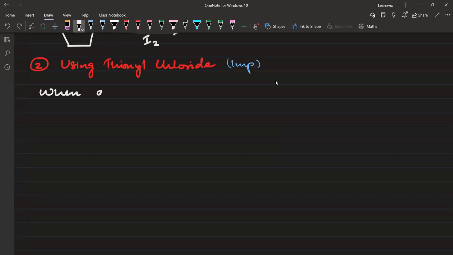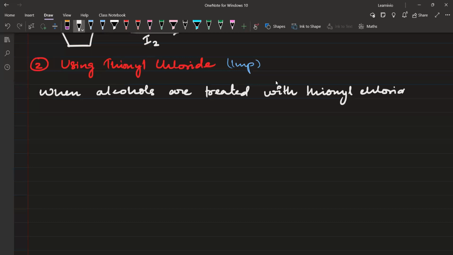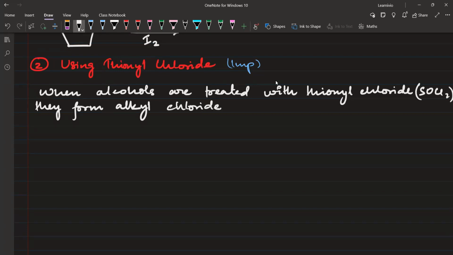Like when alcohols are treated with thionyl chloride, in brackets you will write SOCl2. They form alkyl chloride, ज्यादा बेहतर होगा इसके लिए. Alkyl chloride, comma, HCl and sulfur dioxide.